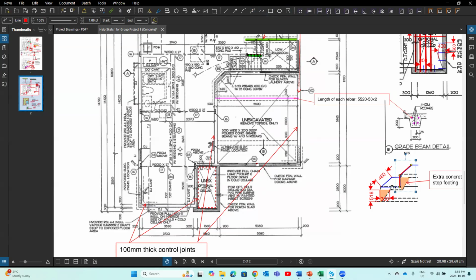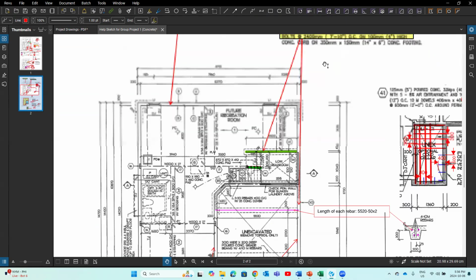Understand this? So the area of this would be the width of the footing, 480, multiplied by the height of this formwork, 580. You get this area for one piece, right? Each step footing, we have 2 pieces.